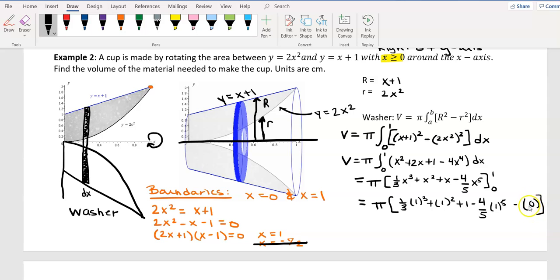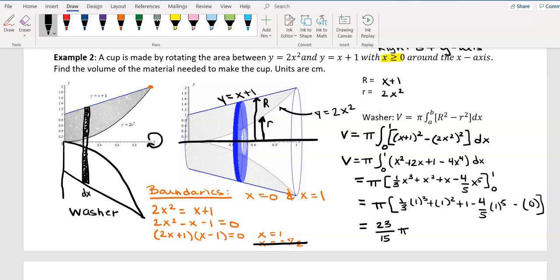This is really just going to be subtracting 0 because everywhere there is a place to plug in 0, it would cancel to 0. So each of the terms would go to 0, so that entire evaluation would be 0. So then we would just need to simplify and get our final answer. So our solution is 23/15 times pi.